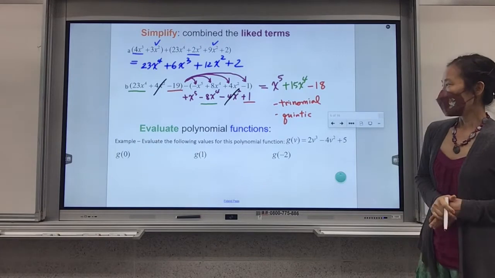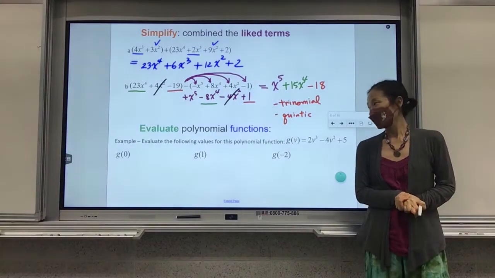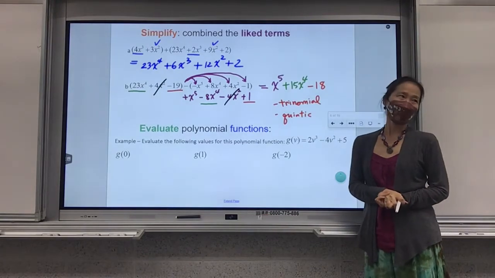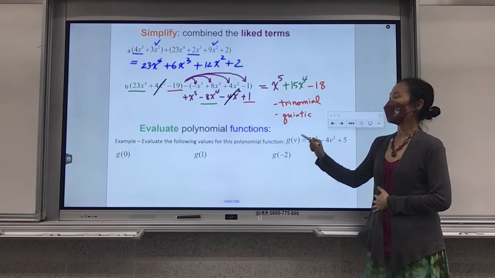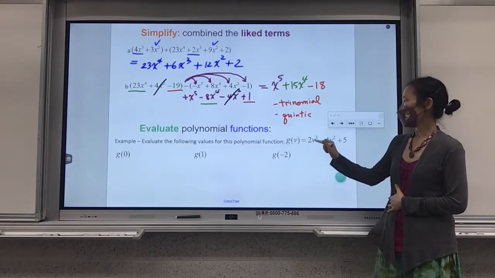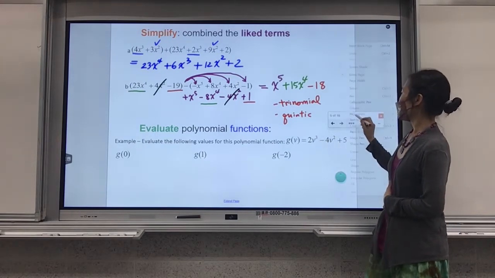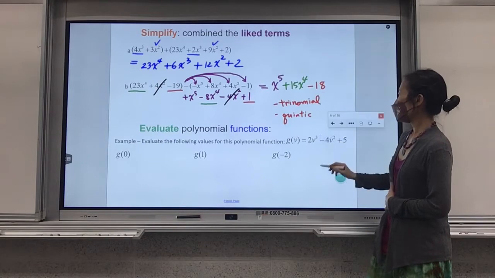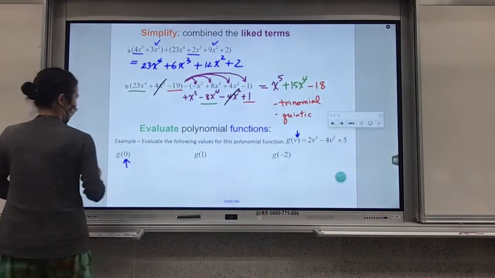So evaluate the function. We already learned this from Unit 2. We can name each function differently. This is G, a function of V. And this is a function in terms of V. So when we evaluate, just replace the V with the number inside.